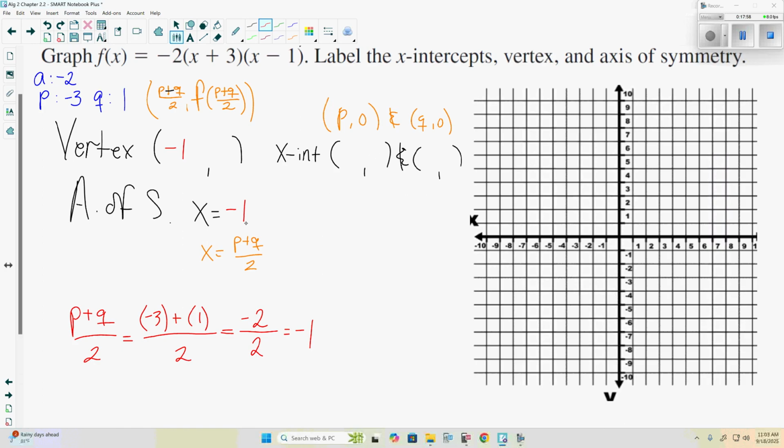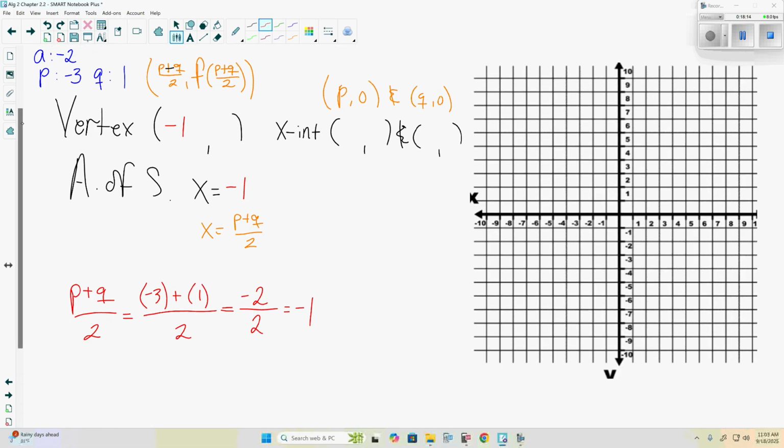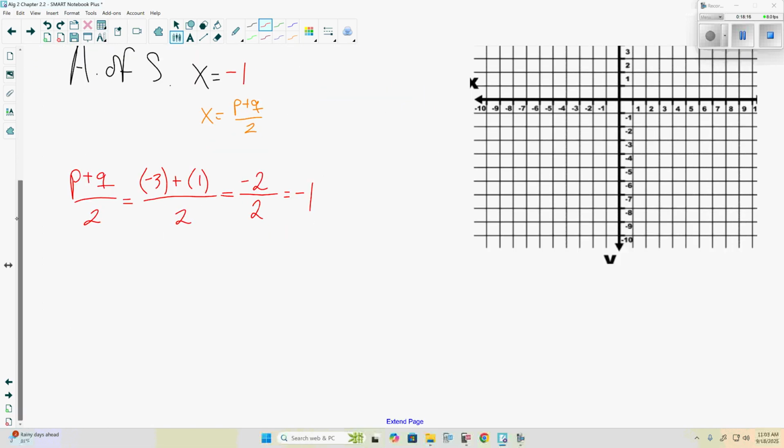So we can plug it into those two spots, because in the vertex we have P plus Q over 2, we can plug in that value. The axis of symmetry, x equals P plus Q over 2. So for this here, x equals -1. Now the f of P plus Q over 2. So really all this is saying is we want to evaluate f of -1.